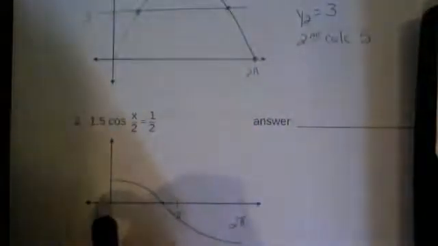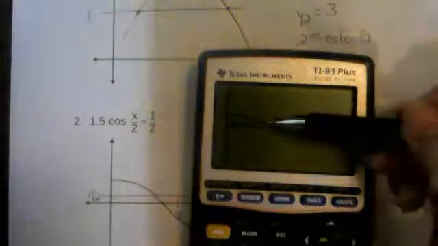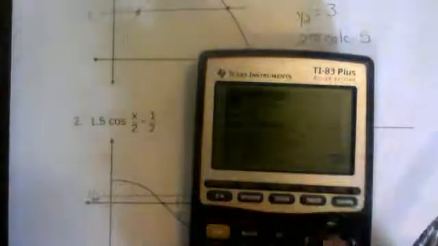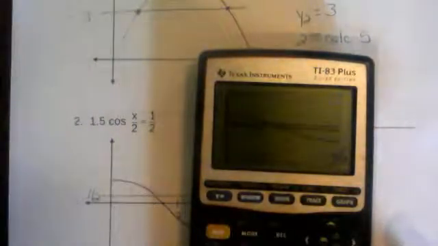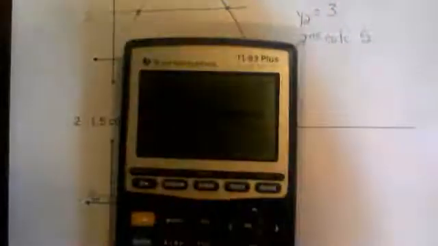And then we have our 1/2 going across here. And we want to find our intersection. Our solution is our intersection. So second trace 5, enter, enter, enter. And there we have 2.462.